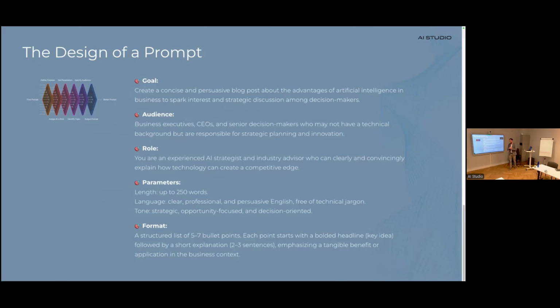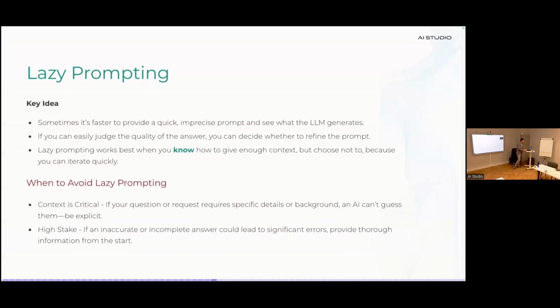So it generates text in a way that people who haven't worked in IT will have the concepts explained so everyone understands them. Assign a role: your experience as a strategist. Parameters, as I said, how many words you need, clear professional language, persuasive language, avoid technical jargon, and a strategic, focused tone. Format: bullet points. You can think of the ways you need the output. But that's just one way.